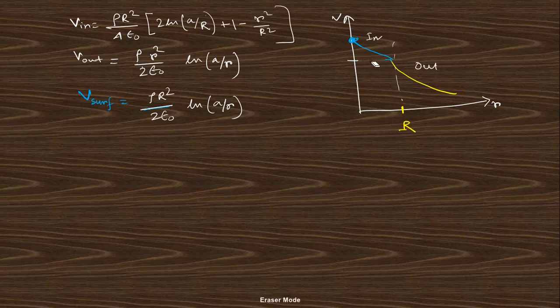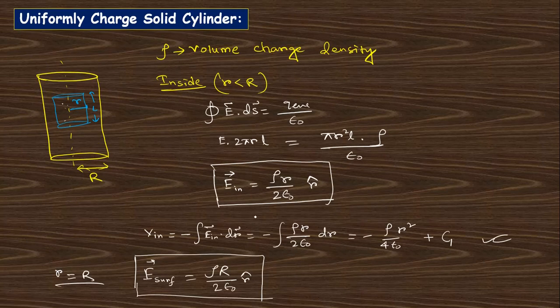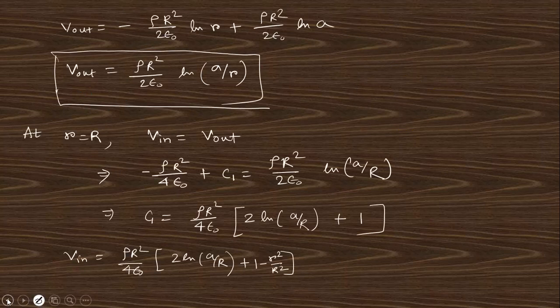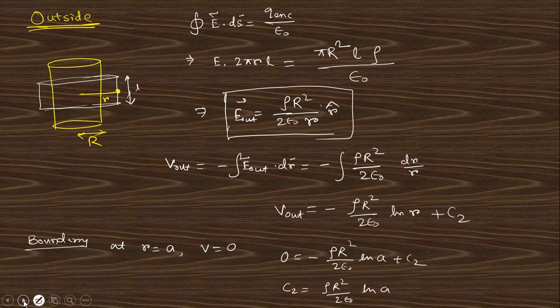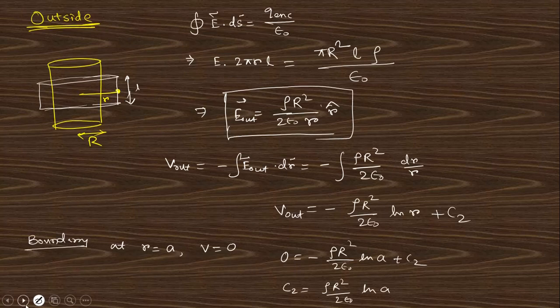Clear? And in case of the electric field, you can see E in, sorry, this was solid, E in was rho r by 2 epsilon naught r cap, and E out will be rho r square by 2 epsilon naught r.